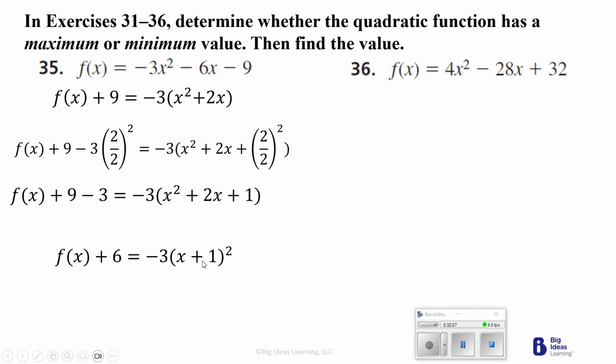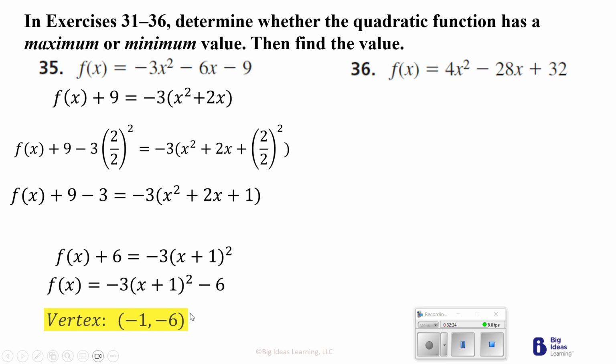So we can take this binomial and square it to be this. We've got negative 3 that we factored out in front. We know 9 minus 3 is 6. And now we're going to bring this over and make it negative 6 on this side. And now we can see that our vertex would be (-1, -6). And that means, since this is a negative value in front, the maximum value would be negative 6.